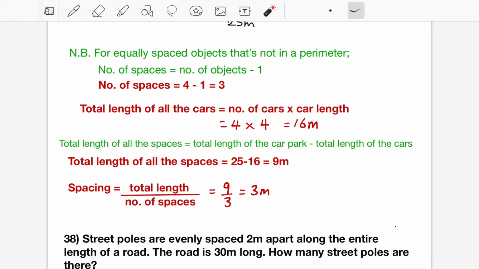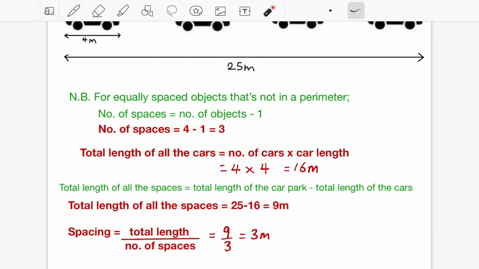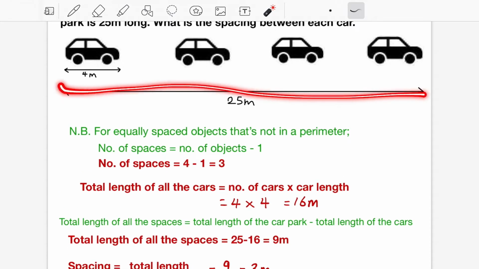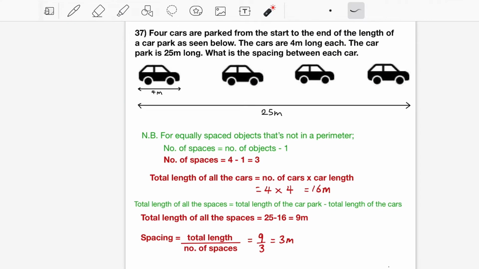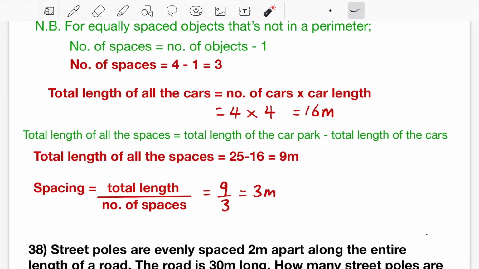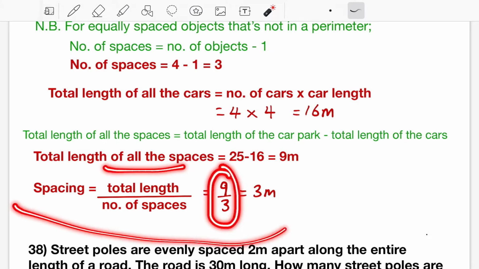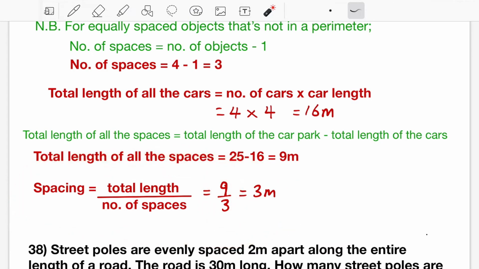The total length of all the spaces would be this length here, take away the length of the cars, which is 25 minus 16, which is 9. So we divide the total length for the 3 spaces by the amount of spaces, and we get 3 meters. So spacing is equal to total length divided by the number of spaces.